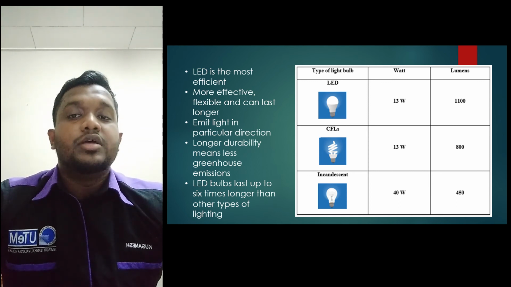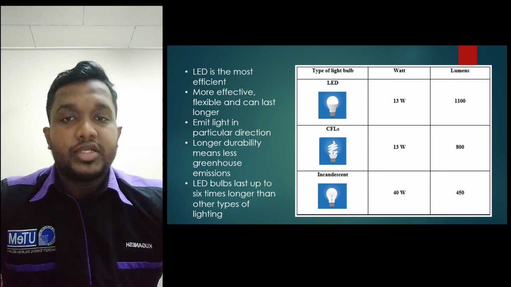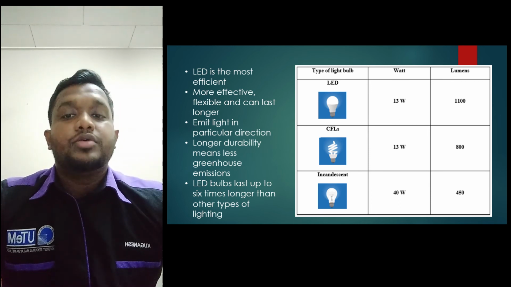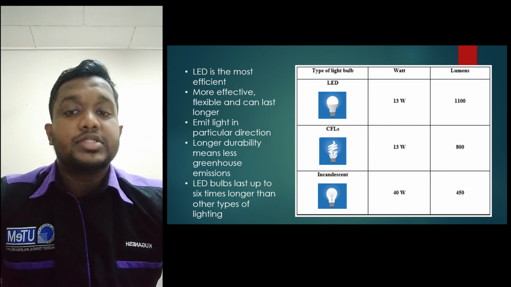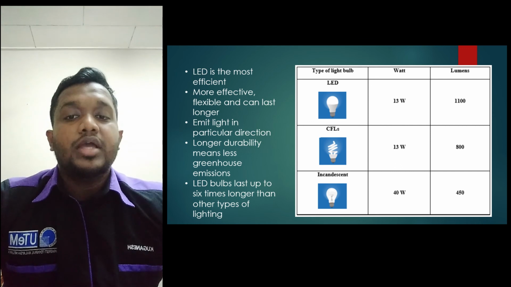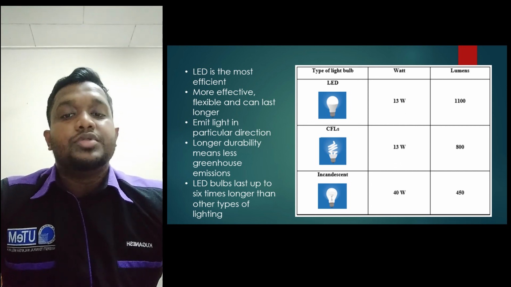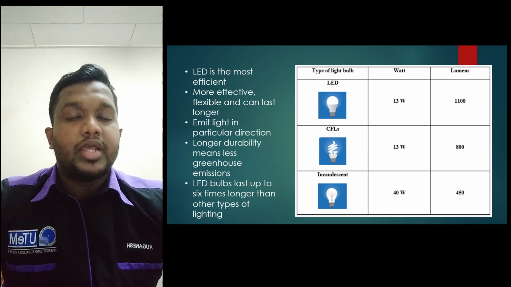So the LED is the most efficient, more effective, flexible, and lasts longer. It can emit light in a particular direction, and longer durability means less green emission. LED bulbs last up to 6 times longer than the other types of lighting.